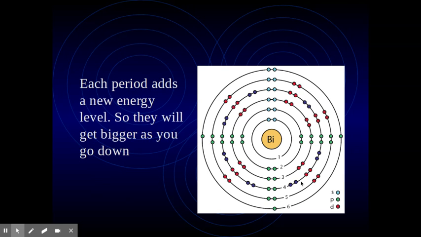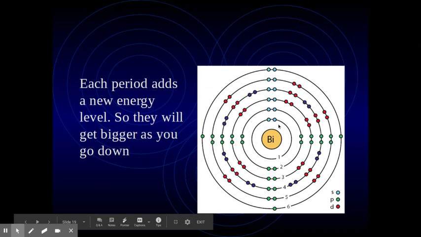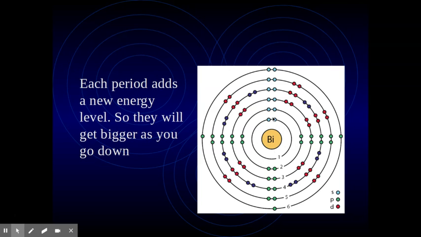So if you go back to our Bohr models, just for ease of representation, the first level is as close as the electrons can get to the nucleus, but it only holds two. So any more you add are going to have to go out to the second energy level, and then they can hold 8.